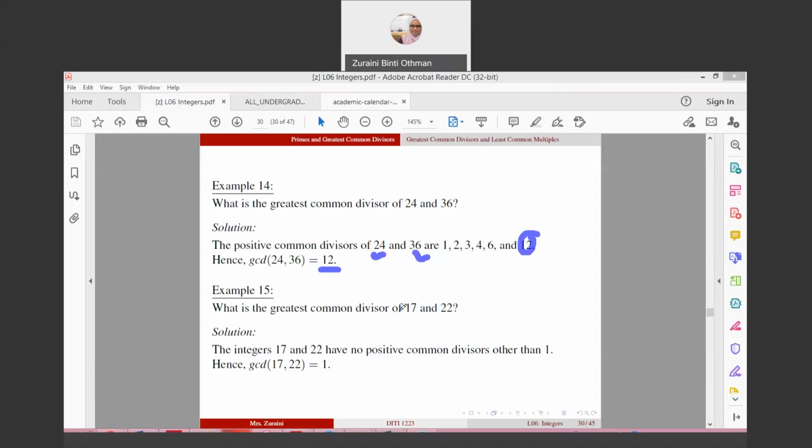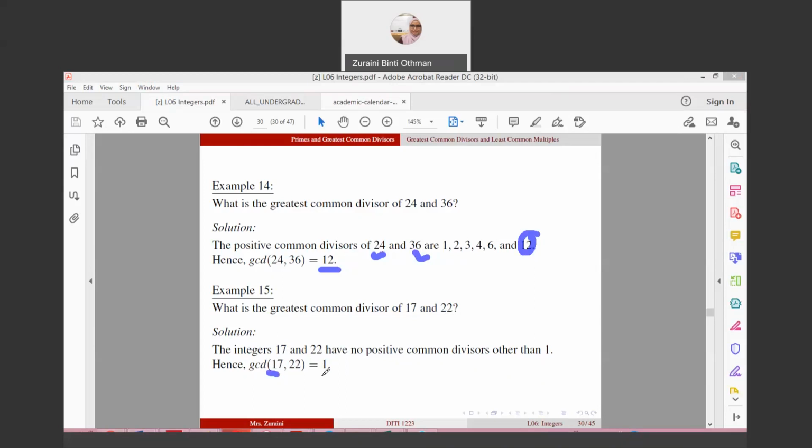What is the greatest common divisor of 17 and 22? Okay, so sekarang untuk 17 dengan 22 kita tak ada common divisor yang sama. Kan betul tak? Sebab 17 tak boleh bahagi dengan nombor lain kecuali diri sendiri. But here 22 ni boleh bahagi dengan 2 tapi dia tak ada common divisor with 17 just now.